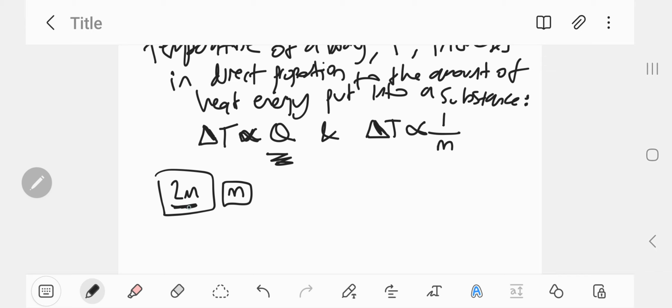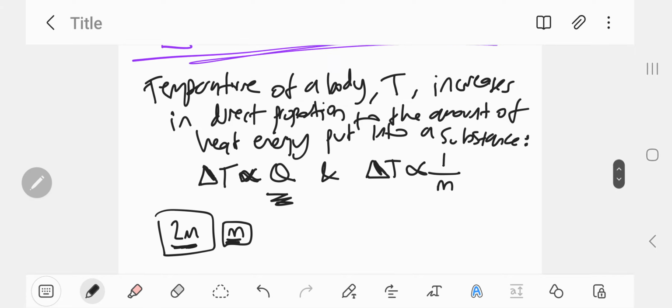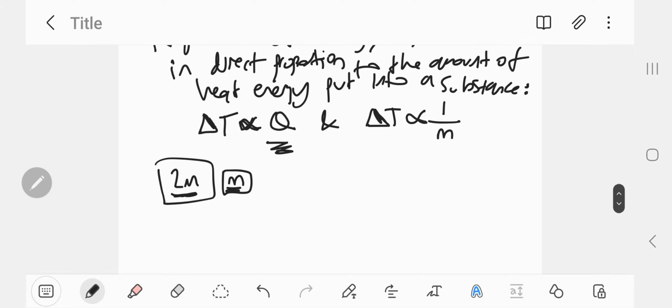And that's because a larger mass requires more heat energy to raise its temperature by the same amount as opposed to a smaller mass. And this phenomenon is related to the concept of specific heat capacity, which is the amount of heat energy, as I mentioned before, required to raise the temperature of 1 kilogram of a substance by 1 degree Celsius.